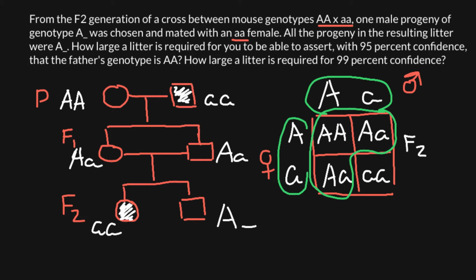And now we have to find the probability that this male randomly chosen from the F2 generation would be homozygous dominant with 95% confidence and 99% confidence.